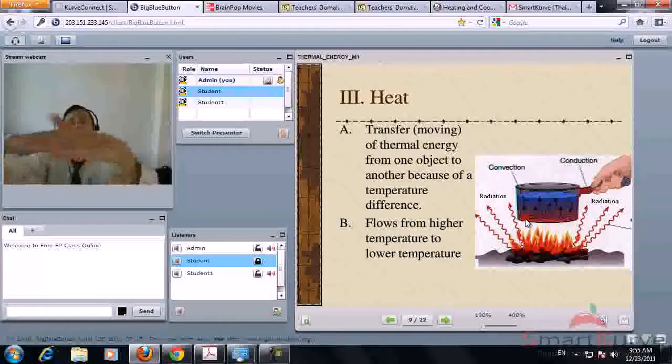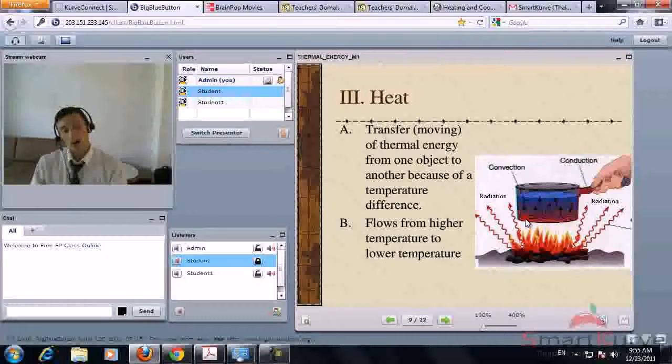But if you put your hand directly over the fire, it's going to become terribly hot. That's because when you're over the fire, you feel the heat from convection. But you don't feel that heat when you're beside the fire.